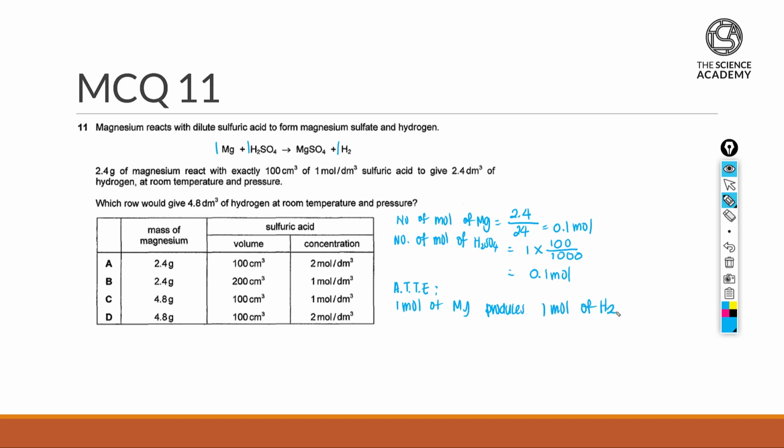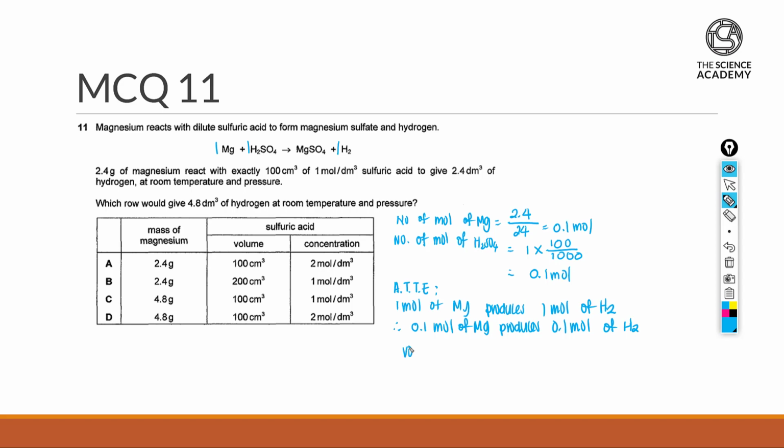None of them were limiting, none of them were in excess. So it's exactly 1:1. Therefore, 0.1 mole of Mg produces 0.1 mole of H2. Alright, this is what was given.